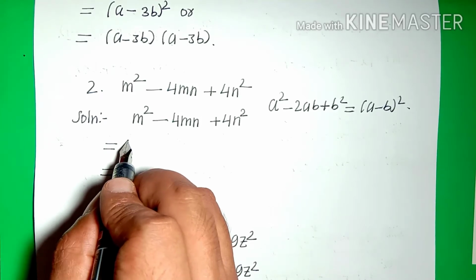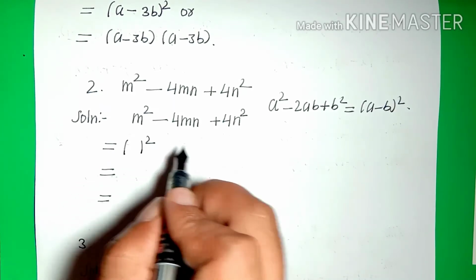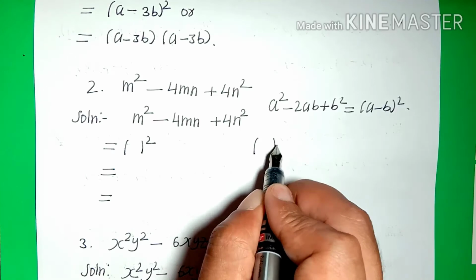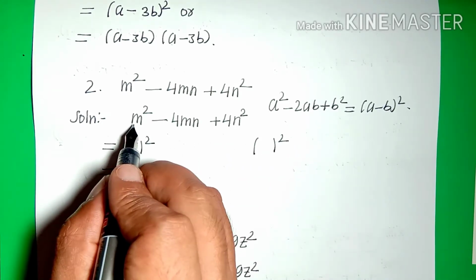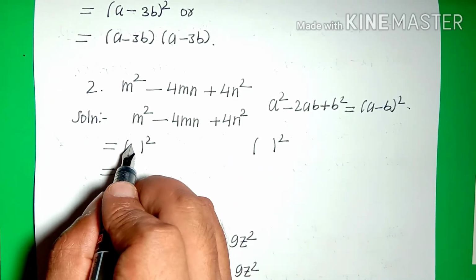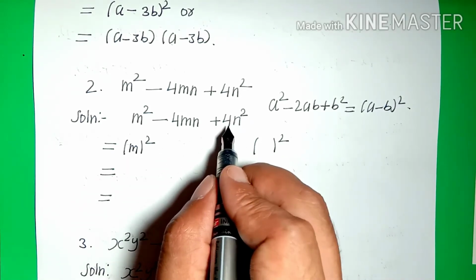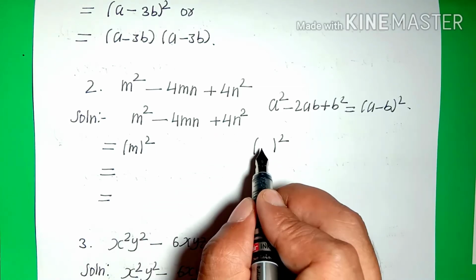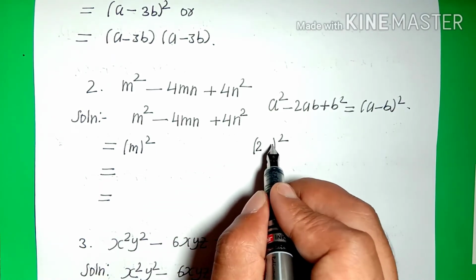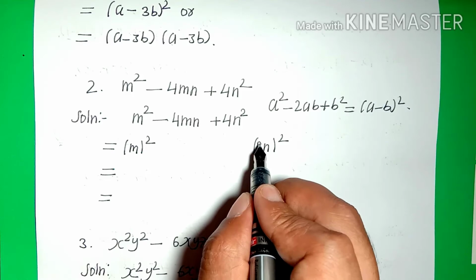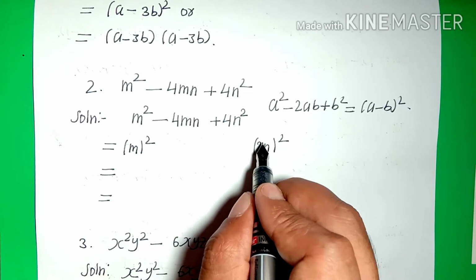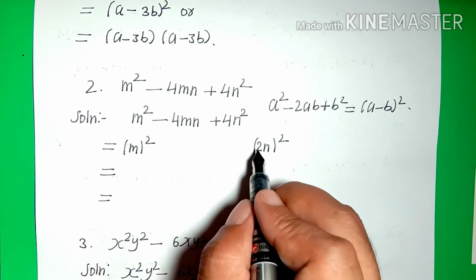So first get the value of a and b. We know that m square can be taken as m, and 4n square, we know that 4 is a perfect square of 2, and the variable n we keep, so 2n the whole square, which means I've converted this into b square.